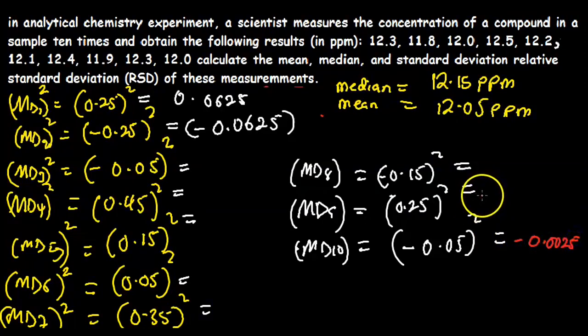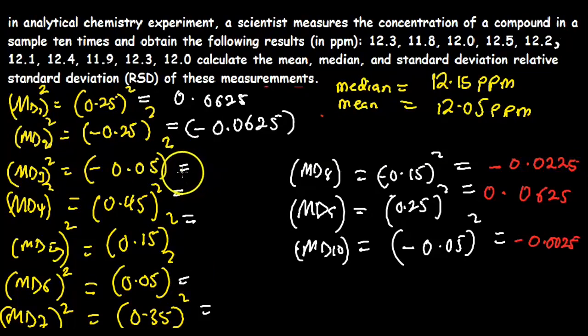And the 9th observation, which is 0.0625. Next is negative 0.0225. What about the square root, which is MD3, square root of negative 0.05? This is simply going to be negative 0.0025.